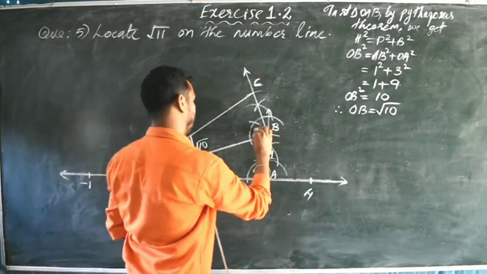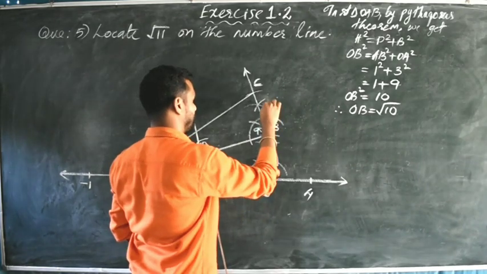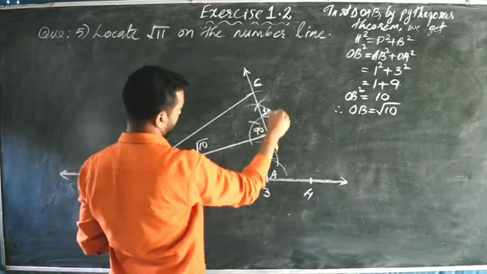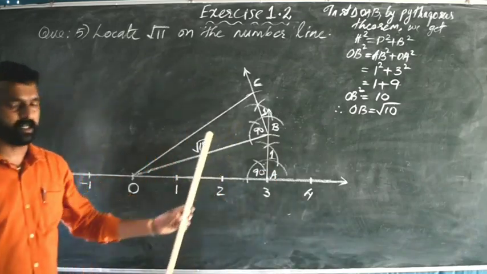Here we made 90 degrees, and this BC we made 1 unit. BC is equal to 1 unit. Then it is a right angle triangle.